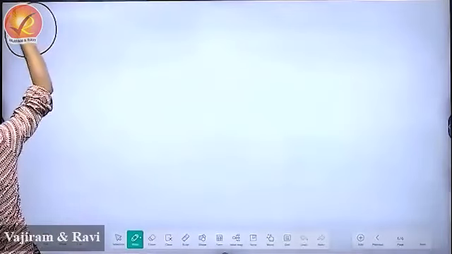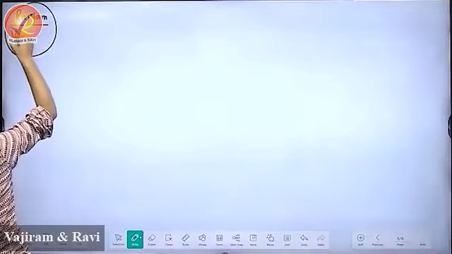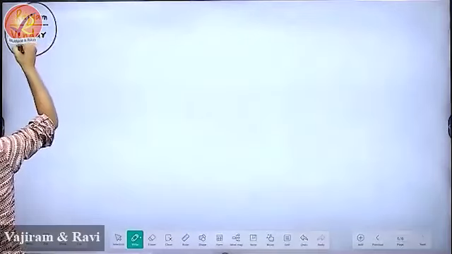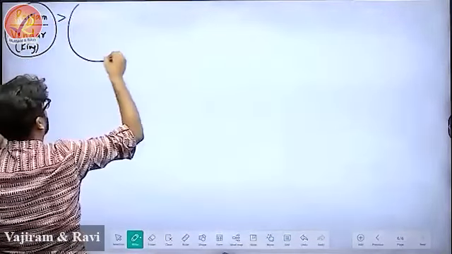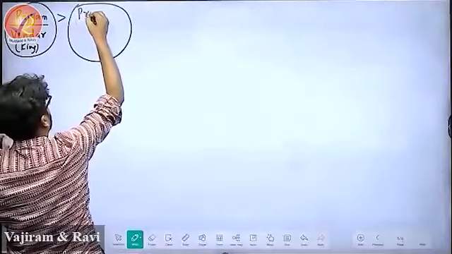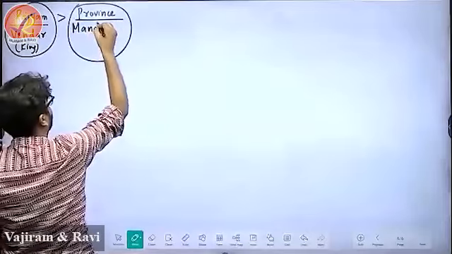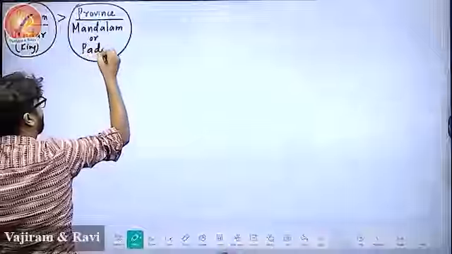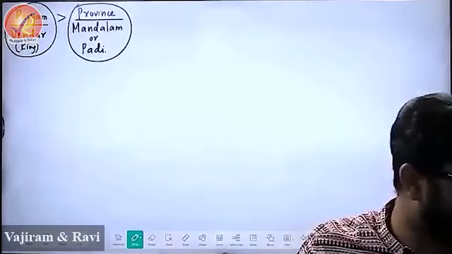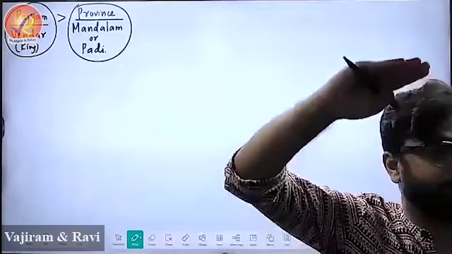There is a big kingdom called Rajyam. Rajyam has the king. King is the Vendar. Since he has so much money, he divides his Rajyam into a number of provinces. And these provinces are called Mandalam. It can also be referred to as Padi. Now in the last slide, in the pyramid, you wrote Padi Magaleer, which means a woman can go up to become the governor of the state.